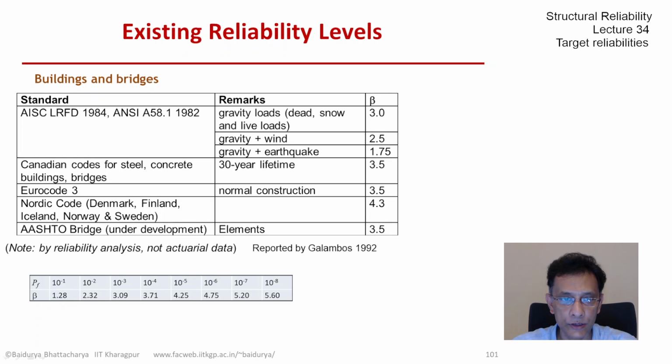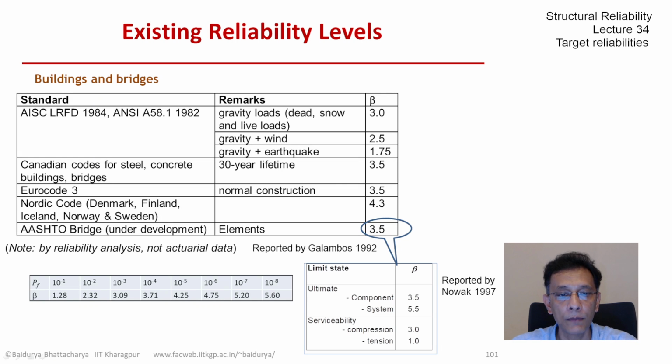Now let us just add some more details about the AASHTO bridge code, which was in development at the time of writing this book chapter, but later we know, as reported later by Nowak in 1997, we see more information on the reliability that went into the development of the AASHTO bridge code.